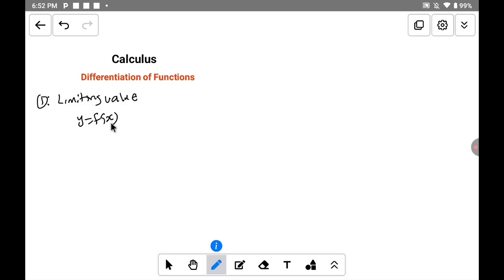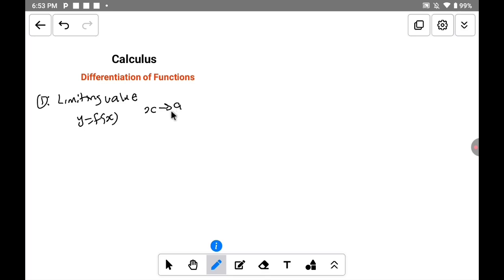Now, how do you write this as a limiting value? Let's say s approaches a, where a is a number. This a represents a variable. What does a variable mean?